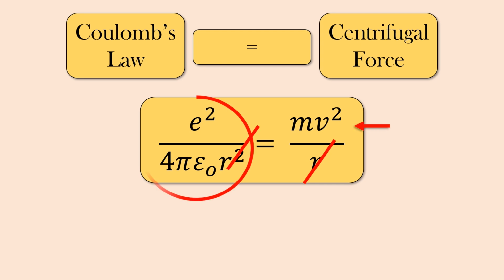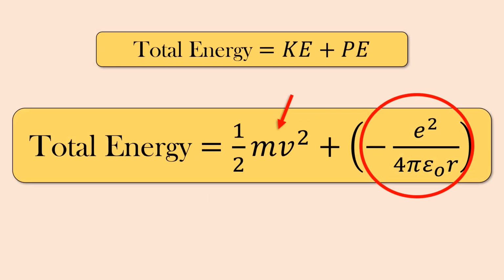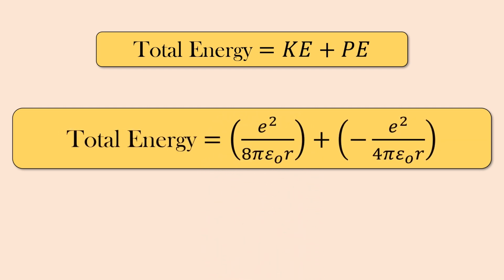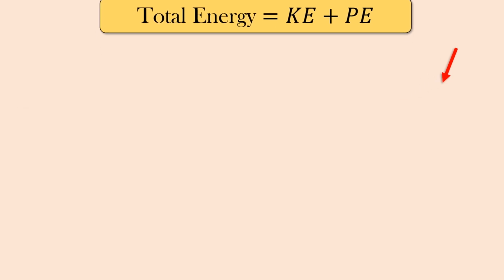And the mv squared term can be substituted into the kinetic energy term in the total energy equation. I'll multiply the kinetic energy term by 1/2. And I'll change the 1/4 term to 2/8, so I can have a common denominator. Now I'll simply sum the terms.